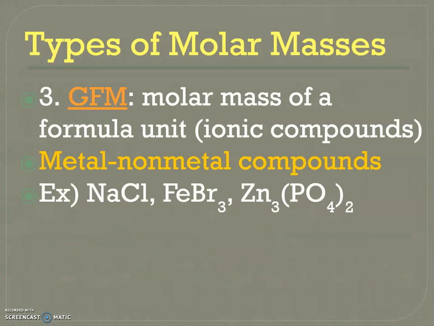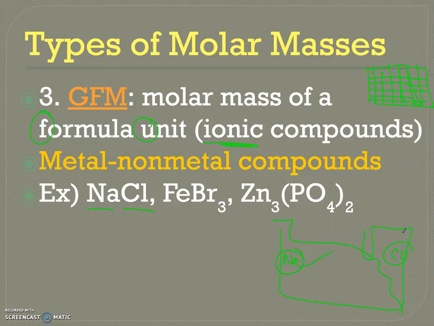And then lastly, the other type is the molar mass of your formula unit. And yes, you can say FU in class because that's an ionic compound. A formula unit is this repeating 3-dimensional structure. It is a unit that repeats over and over again in a solid form. So NaCl, our metal Na is over here and our non-metal Cl is over here.